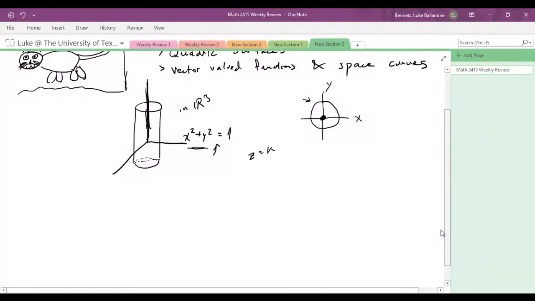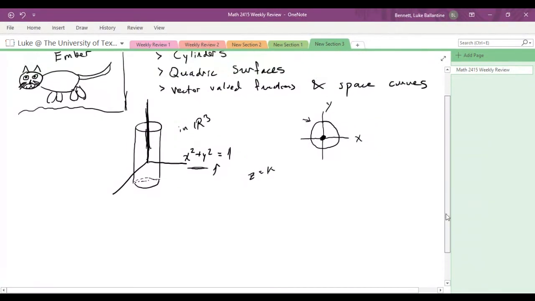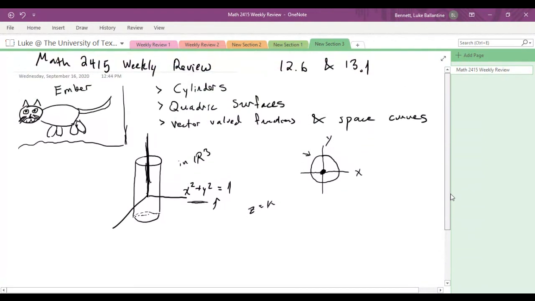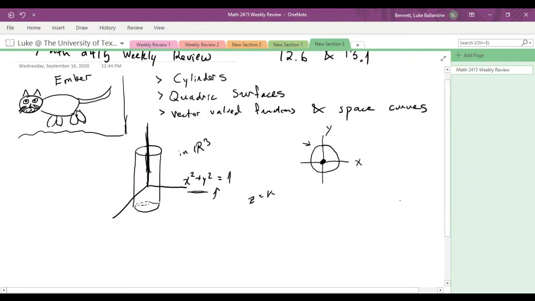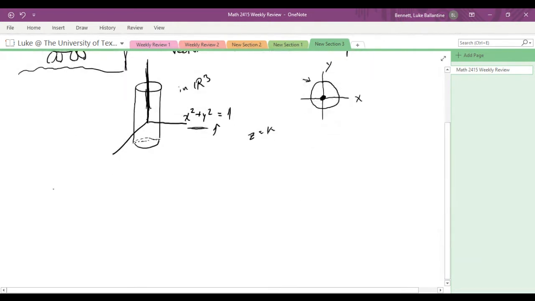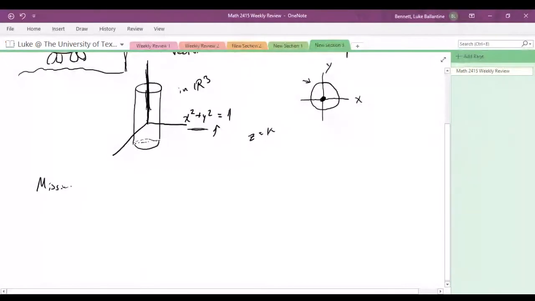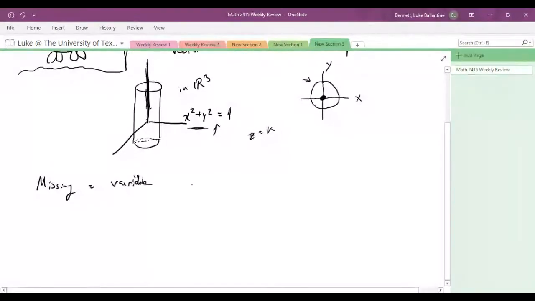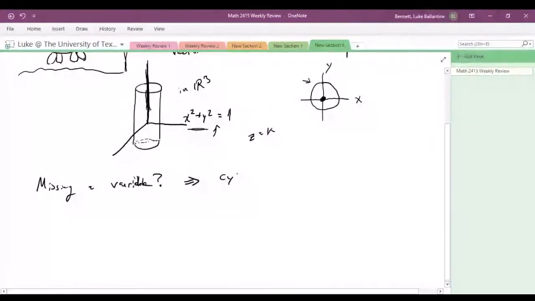So now we have the notion of generalized cylinders, cylinders that don't take this normal circular shape, and I'll show you one. So missing a variable, that means you got a cylinder.